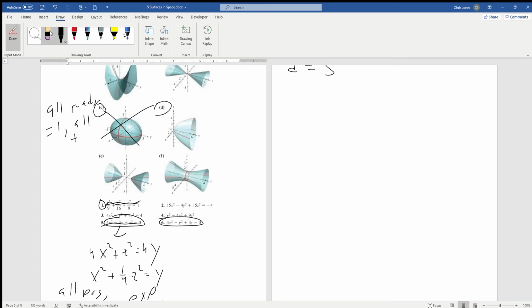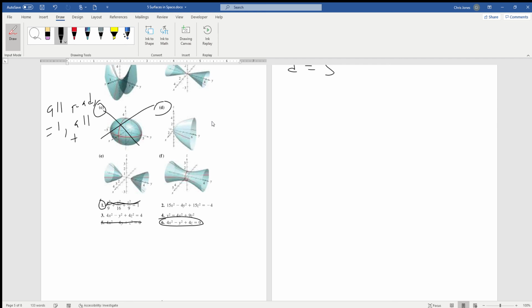I'm going to clean this up just a little bit since we have several of these to work through. Now we could just cheat at this point and not do any work, because we know that there's only one other linear term, and that's going to be the hyperbolic paraboloid.